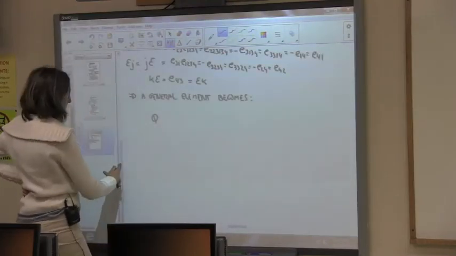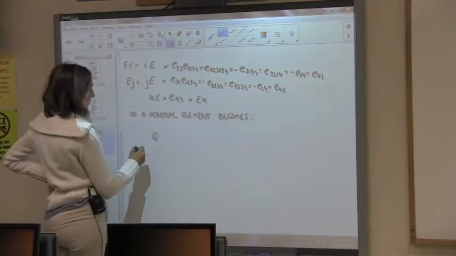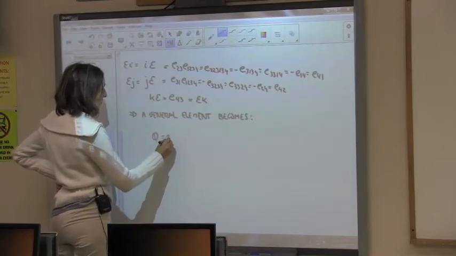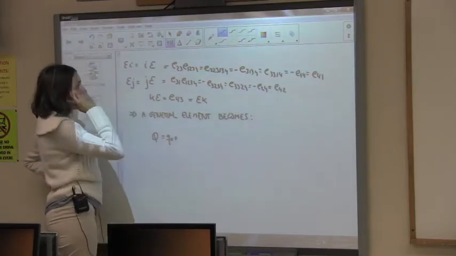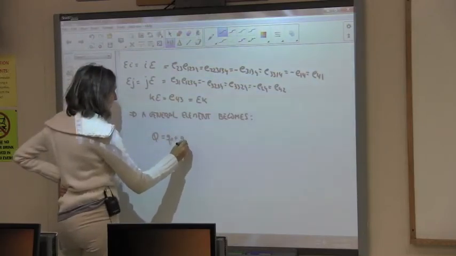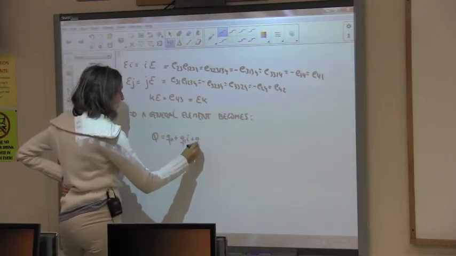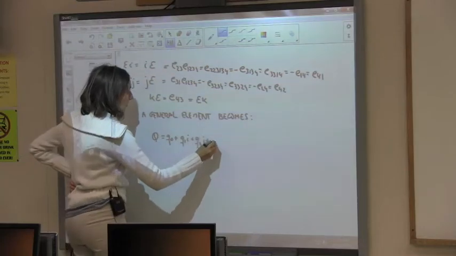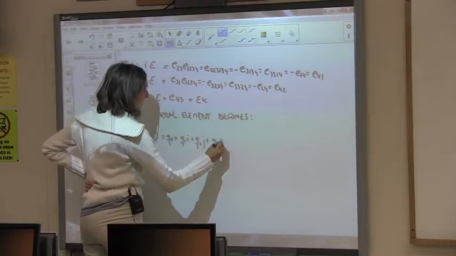Equal to Q0, Q1 was E23, which is I. Q1I plus Q2J plus Q3K.